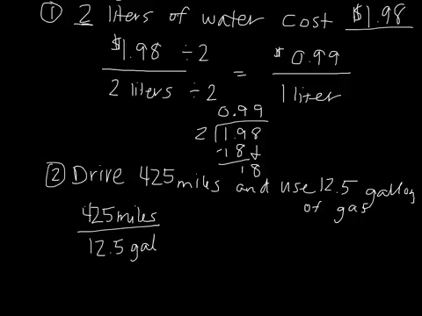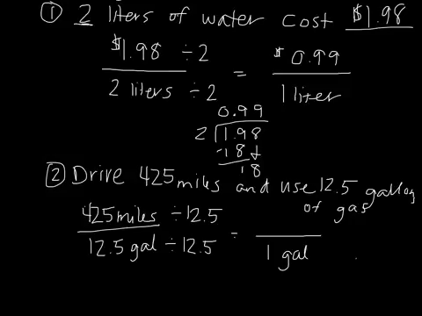How do I get my bottom equal to 1? Divide by 12.5. Divide the numerator by 12.5. I'm going to be left with a denominator of 1 gallon, or miles per 1 gallon, okay?